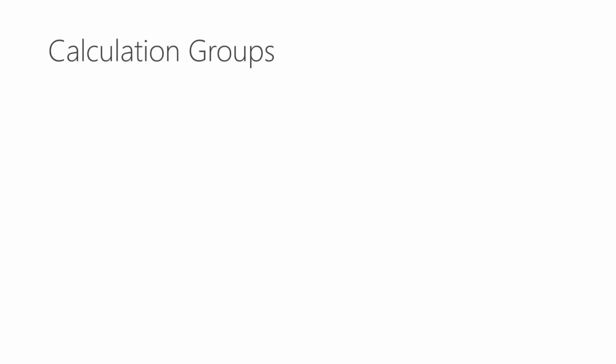Right. So calculation groups. Firstly, let's understand what calculation groups are. It's a feature in DAX that allows you to minimize the number of measures that follow the same calculation, logic, or expression. Now, we had gone through DAX a bit, and we had also gone through a bit of measures as well.